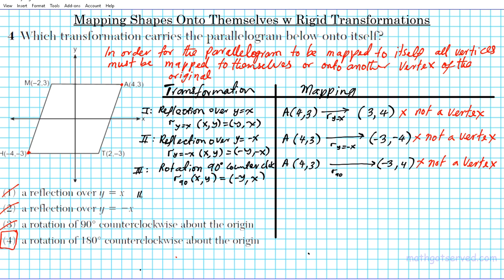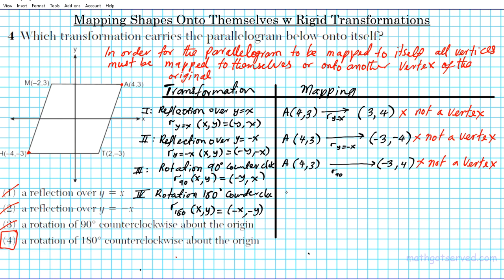Option 4 is a rotation 180 degrees counterclockwise. Alright, so that one, rotation 180 degrees counterclockwise of a point x, y, is simply going to negate the points: negative x and negative y. Alrighty?